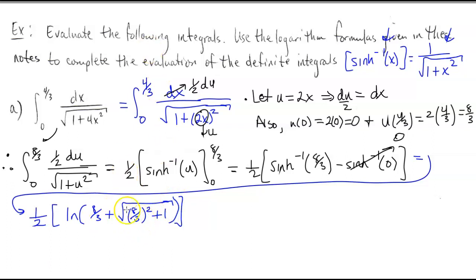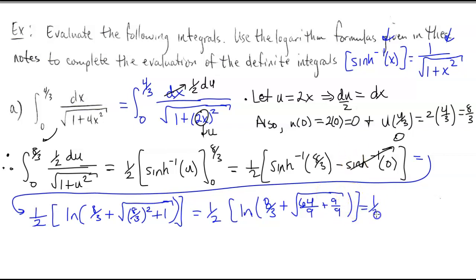And so now this is all that we need to evaluate. And so here we'll have the 8/3 again here. And of course, square root of, 8 over 3 squared is going to be 64 over 9. And this 1 here can be rewritten as 9 over 9.